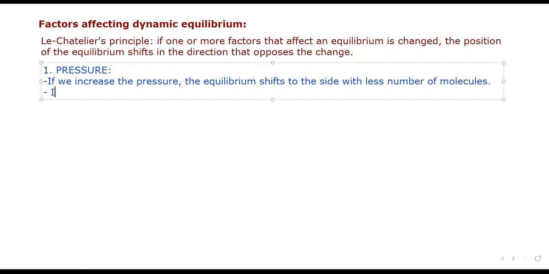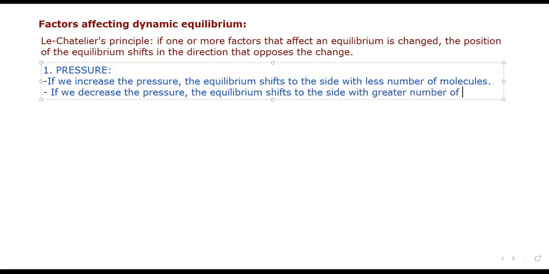Point number two, if we decrease the pressure, the equilibrium shifts to the side with greater number of molecules, right? And I will explain how this fits in with Le-Chatelier's principle.